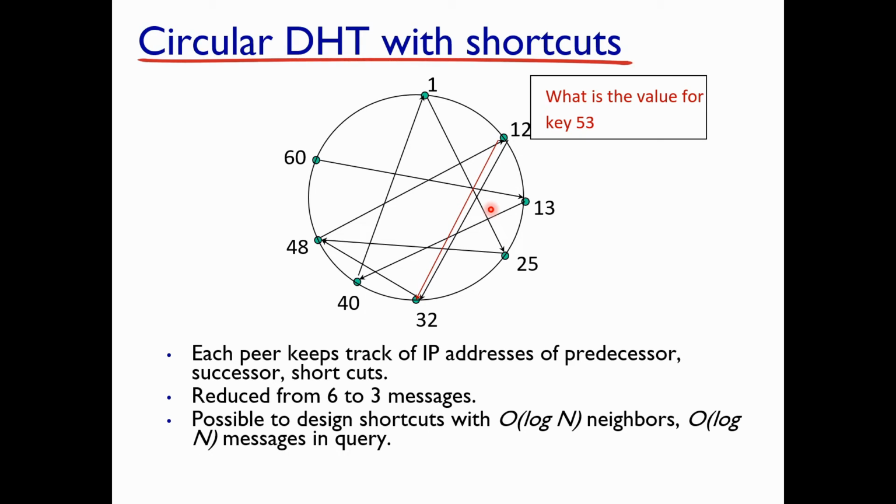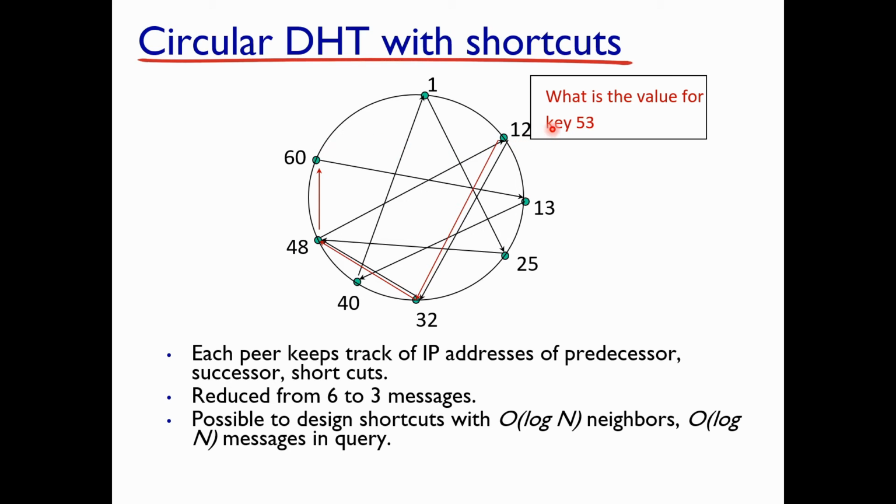Now, what is the value for the key 53? If you see, the key 53 is greater than 12's immediate successor. So the query will be sent to the shortcut, that is 32. 32's immediate successor is 40, so it also sends to its shortcut, that is 48. Now 48's immediate successor is 60.